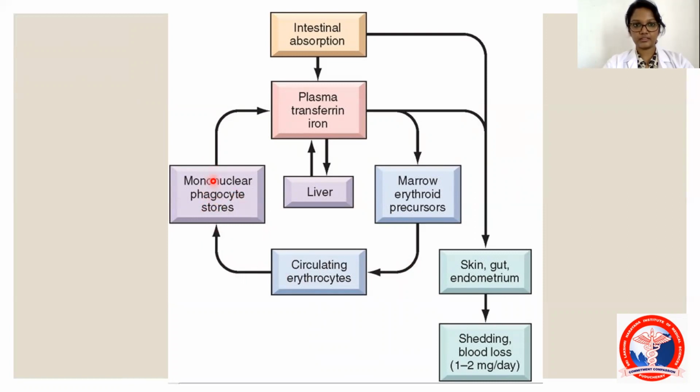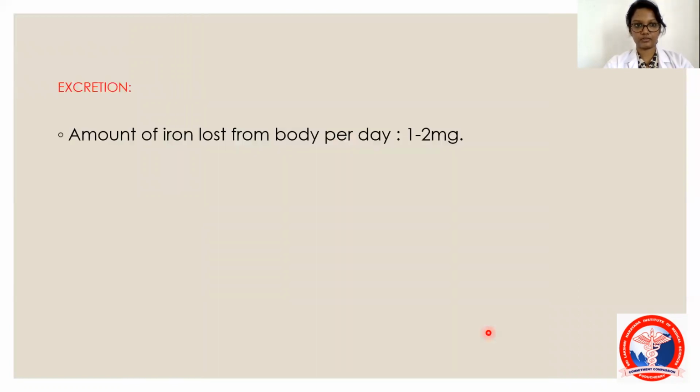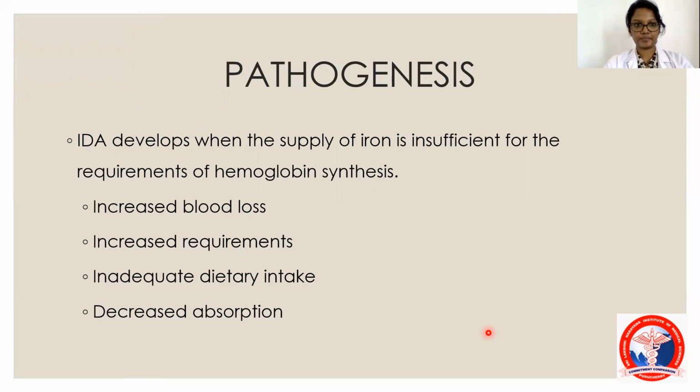And here, the released heme iron is again taken up by the plasma transferrin, and it is recycled. Or this iron is shed by the keratinocytes or the gut epithelial cells, or by the endometrium. And this shedding and blood loss accounts for around 1 to 2 milligrams per day. Okay, so the amount of iron lost from the body is around 1 to 2 milligrams per day.